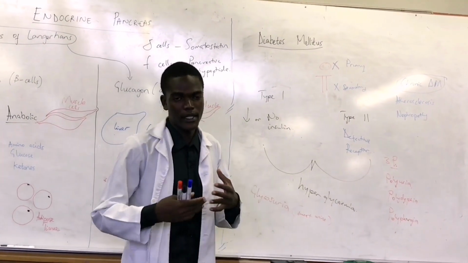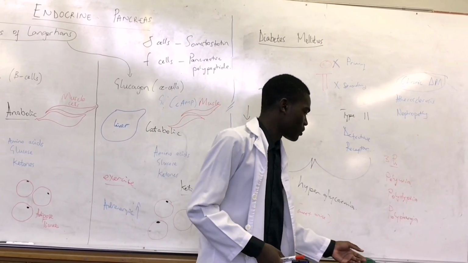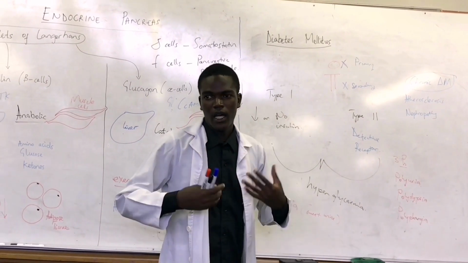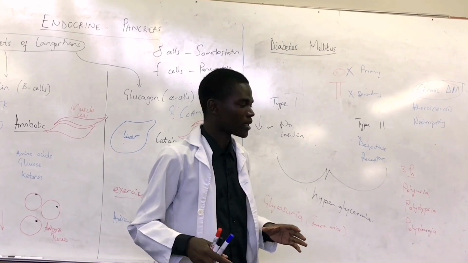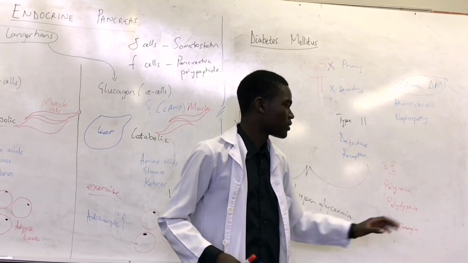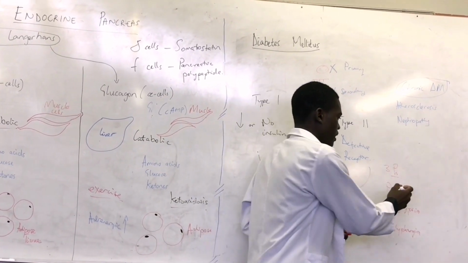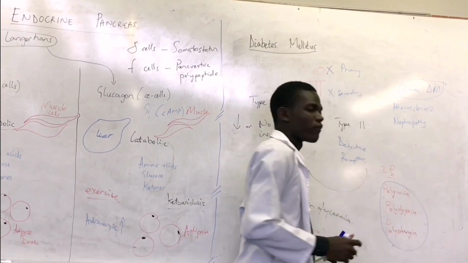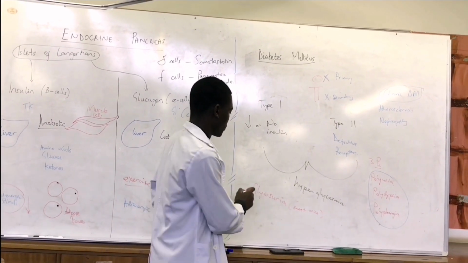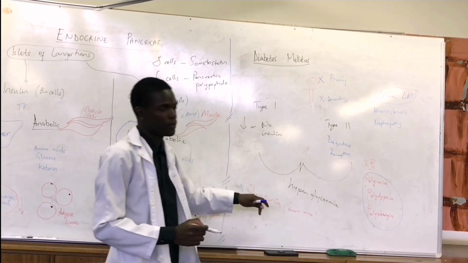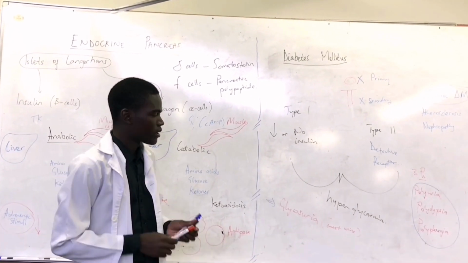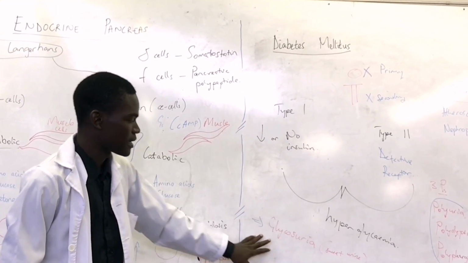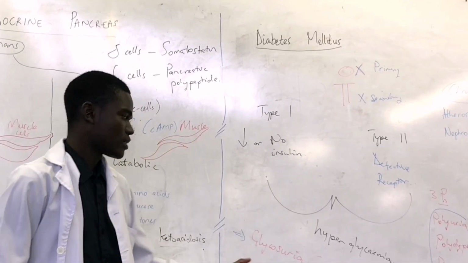Polyphagia simply means they eat a lot. Why do they eat a lot? Because they always have a feeling of hunger, right? So they tend to eat a lot. That's polyphagia. So these are our 3 symptoms of diabetes mellitus. And then add on also, this is the presentation now. Diabetes mellitus presents as glycosuria, which is sweet urine.